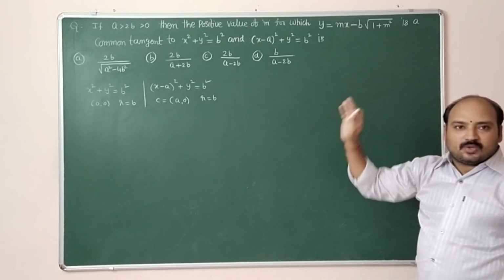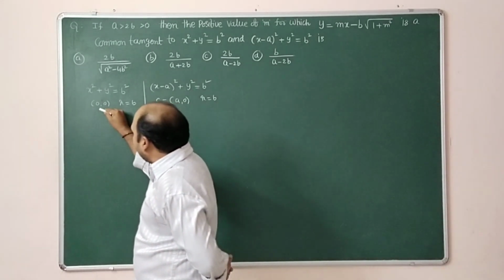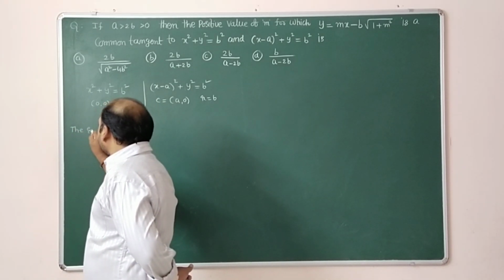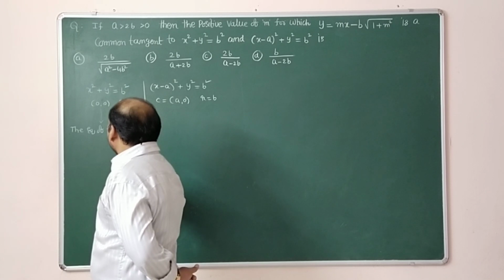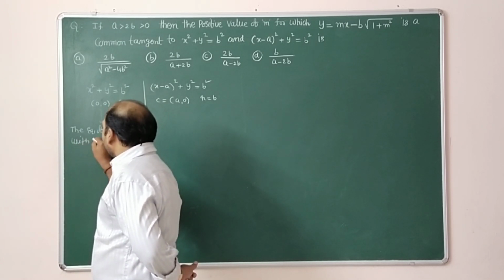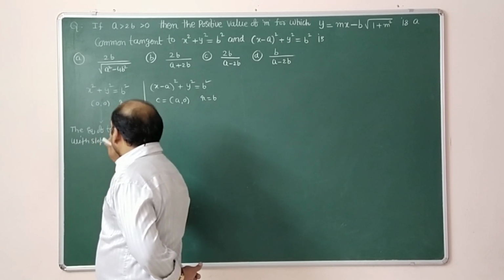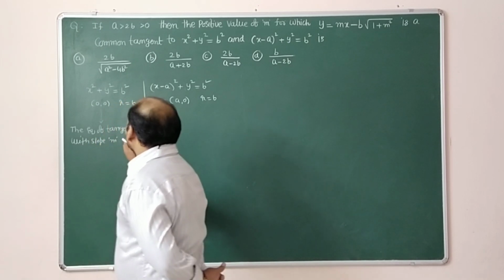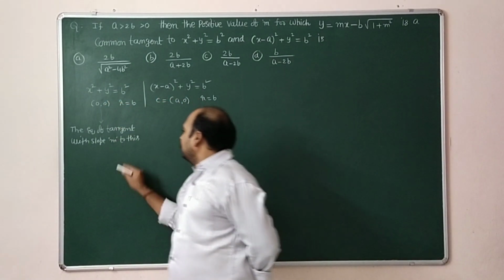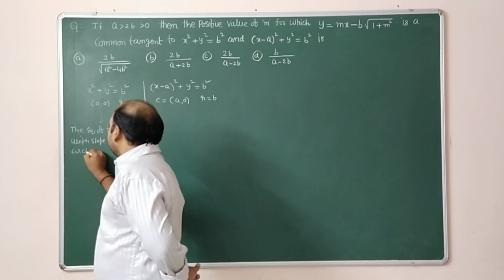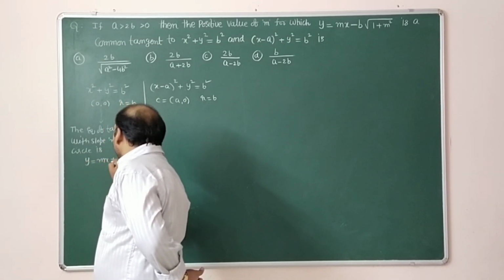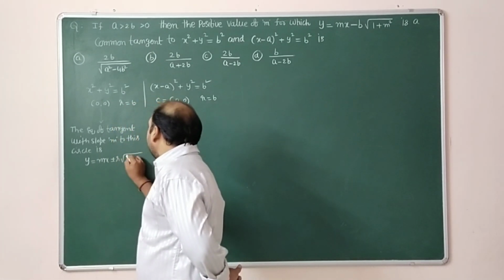If you observe this equation, for a common tangent with slope m to this circle I am mentioning here, the equation of the tangent is y is equal to mx plus or minus r into root over 1 plus m square.